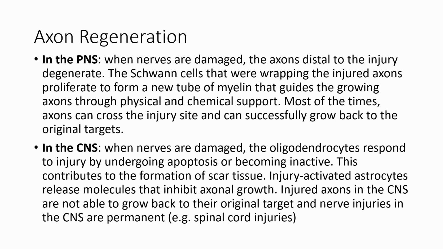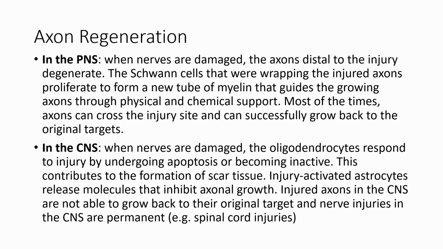Now, these axons can experience some regeneration because nerves do get damaged from time to time. And luckily for us, they can repair, they can regenerate to some extent. If it's in the peripheral nervous system and the nerve is damaged, the axons that are distal to the injury, further down the line from the injury, are going to degenerate.